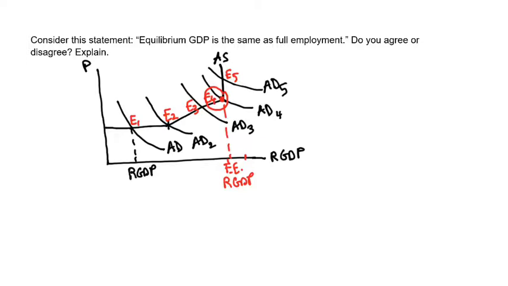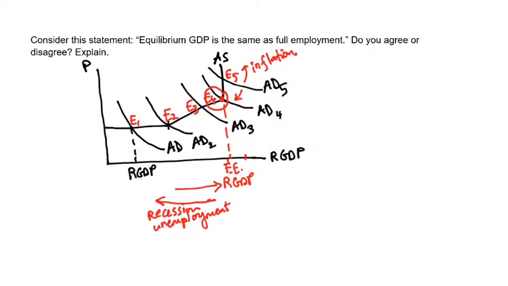But our goal is always to bring the economy to the full employment level of output, because below full employment level of output, we have the recession problem, we have unemployment, recession, and unemployment. And above the full employment level of output, we have the inflation problem.